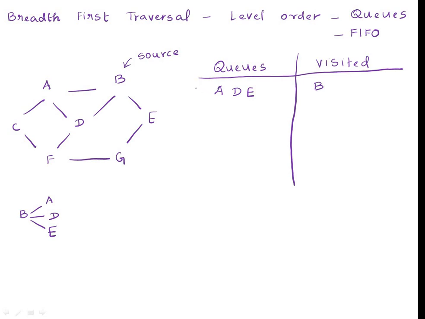But the only difference between DFS and BFS traversal is that in stack based traversal, we pop the topmost element, whereas in this queue based traversal, we delete the first element which was inserted, since this is first in first out logic. So the content of the queue is going to be A, D and E.